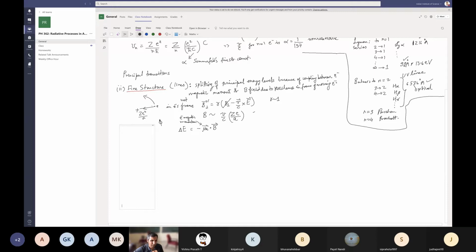Electrons have a spin, which was sort of discovered, and even a free electron has a spin. This is a very fundamental property and can be understood from relativistic quantum mechanics. And now you have this magnetic dipole placed in the magnetic field. Okay, so this is the interaction energy.